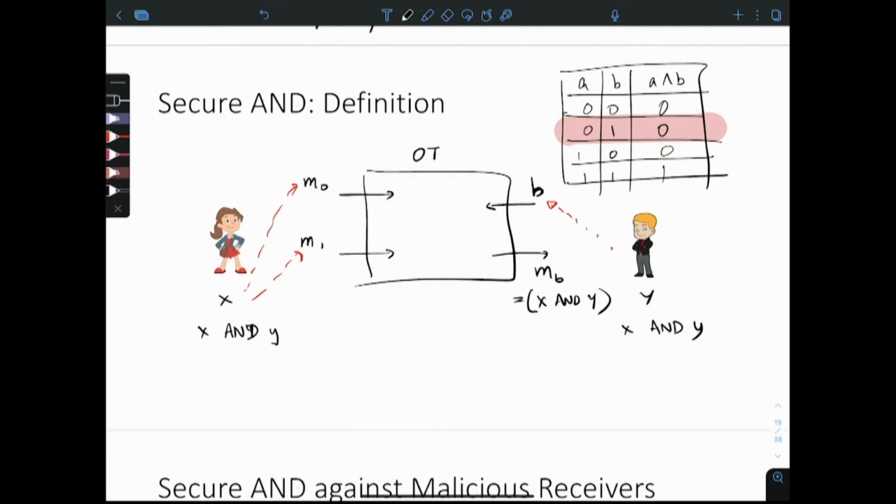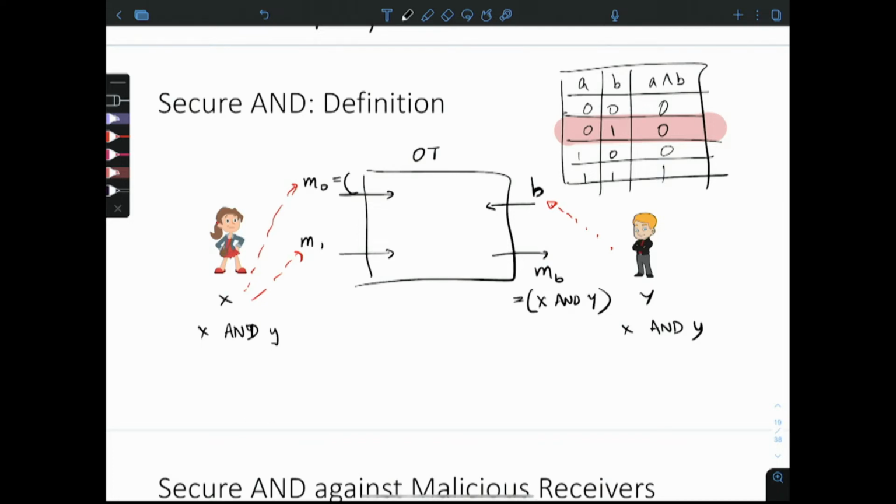Any ideas on how Alice can set M0, M1, and Bob can set B so that Bob ends up with X and Y? Maybe I'll give you a hint.